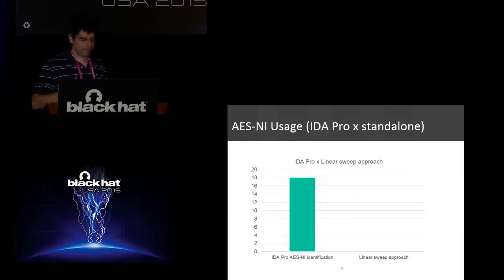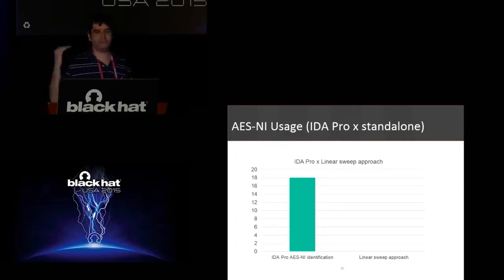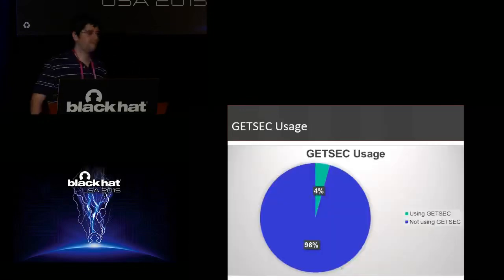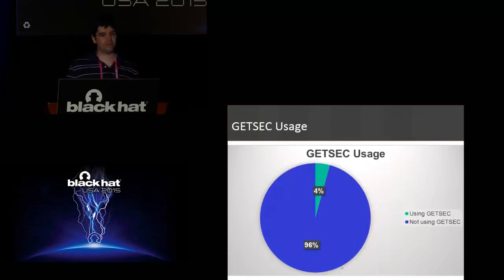We developed a very fast and simple approach using linear sweep, as Eugene mentioned, to detect the same instructions. We were expecting to see a lot of false positives in this approach. And then it was the opposite. We got a lot of false negatives, right? IDA Pro was more effective in detecting this, and the time constraint did not increase the complexity a lot.